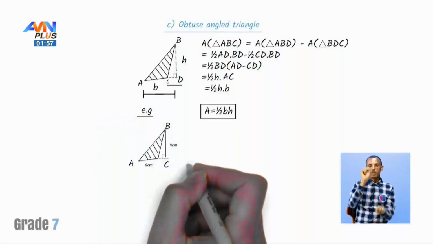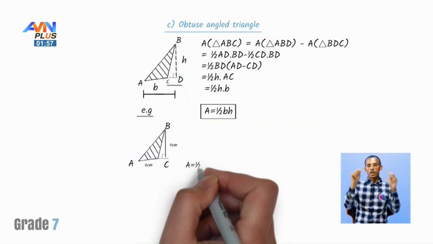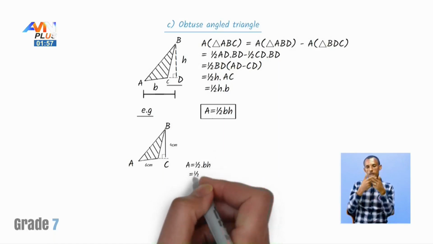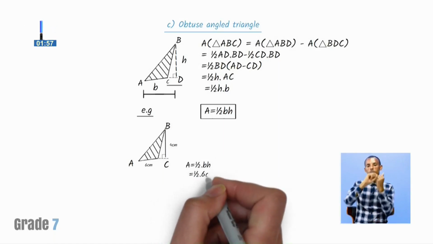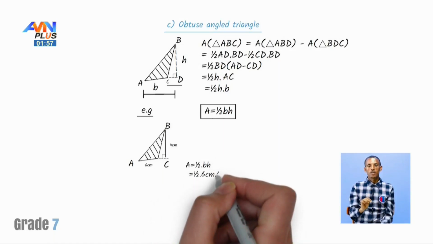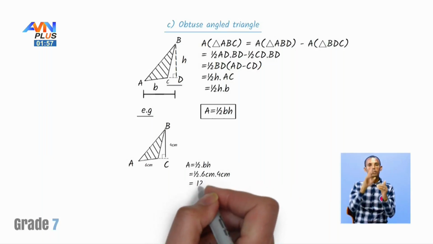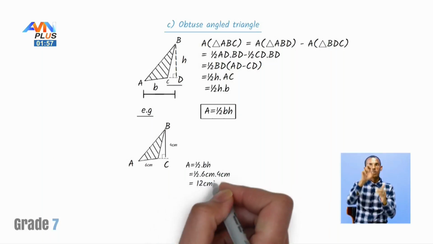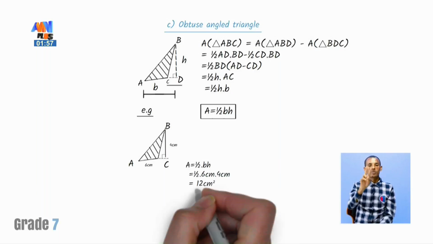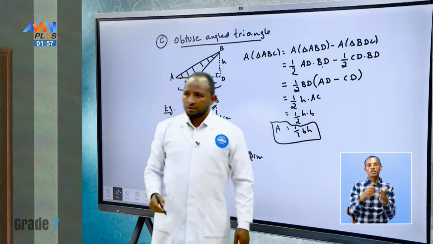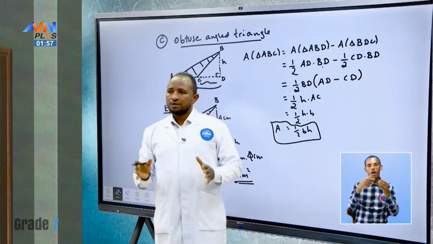So the area of this triangle will be half times base times height, half times the base, which is 6 centimeter here, and the height is 4 centimeter. Therefore, 6 times 4 is 24, over 2 is 12 centimeter square. That's it. So this is all about today's lesson.